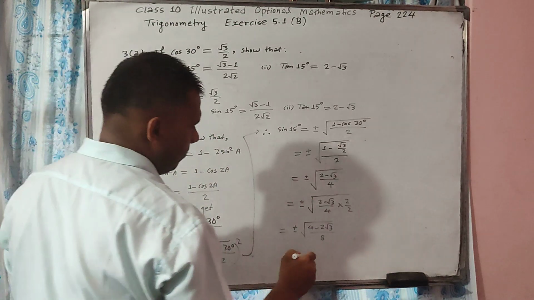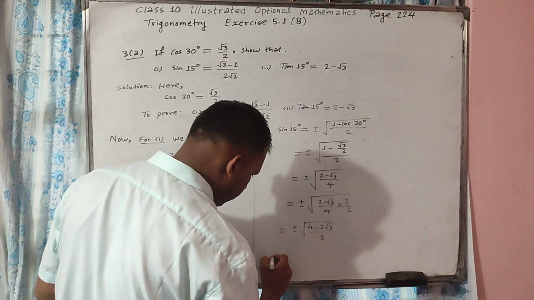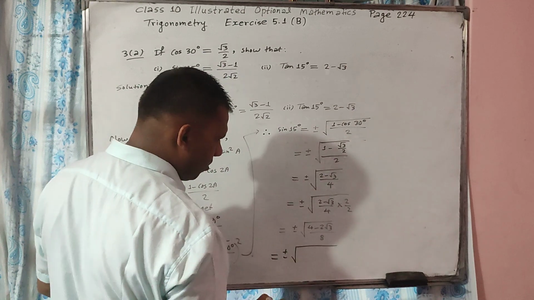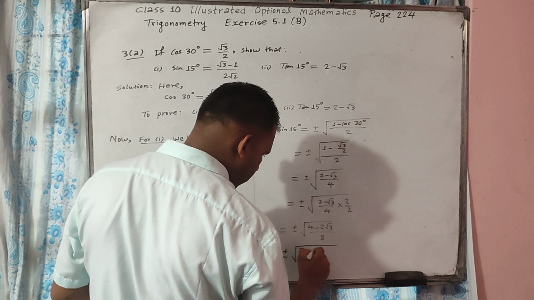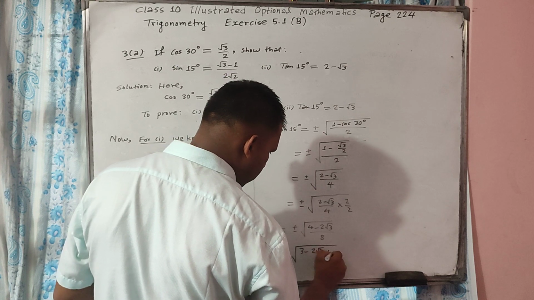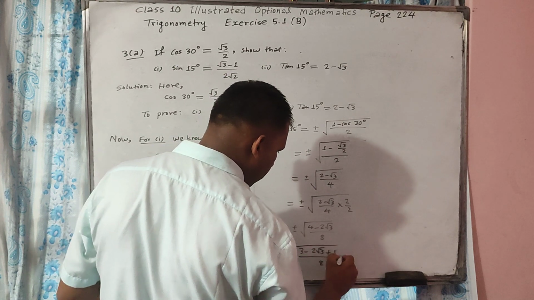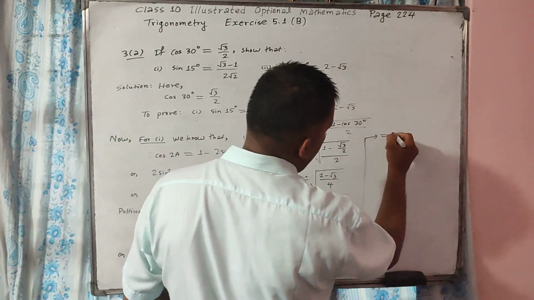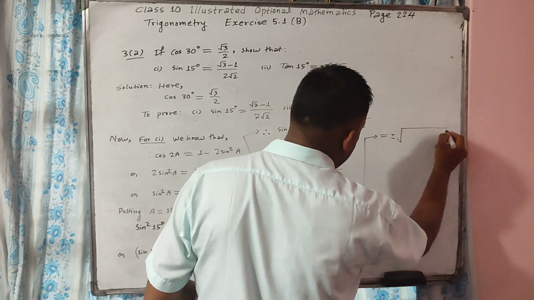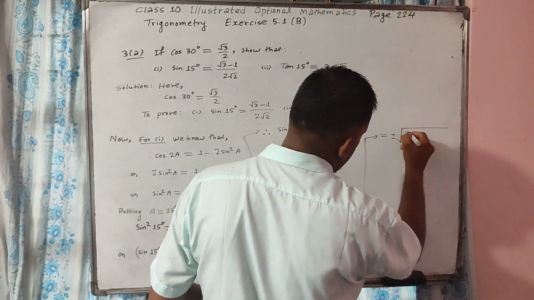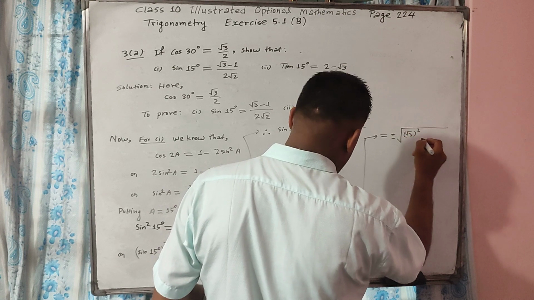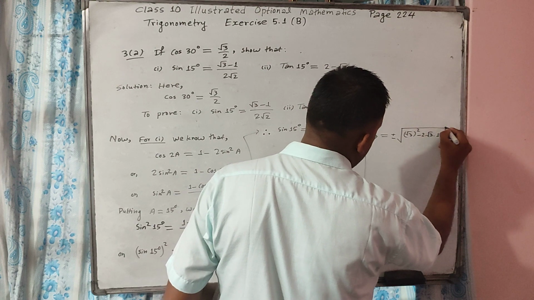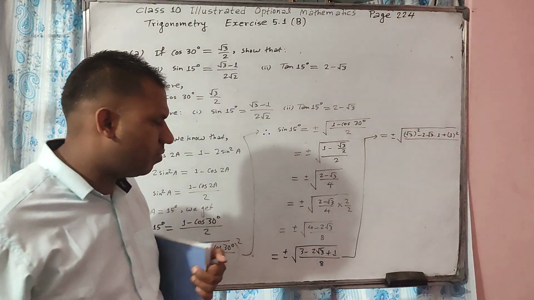Now this equals plus minus square root of 3 minus 2 root 3 plus 1 all upon 8, equal to plus minus square root of root 3 whole square minus 2 dot root 3 dot 1 plus 1 whole square, making a square minus 2ab plus b square form.